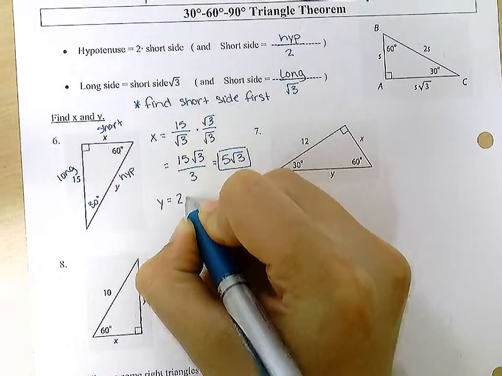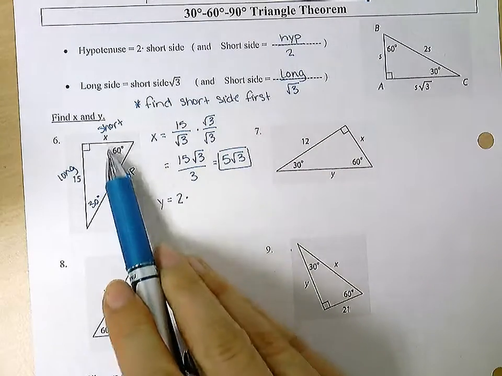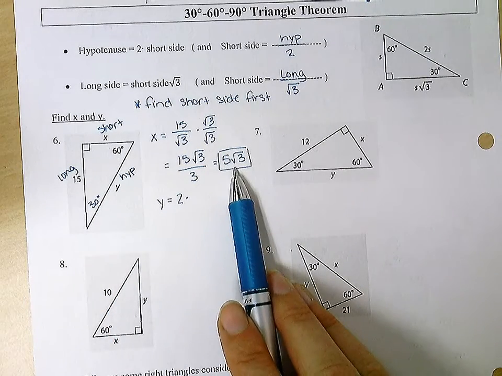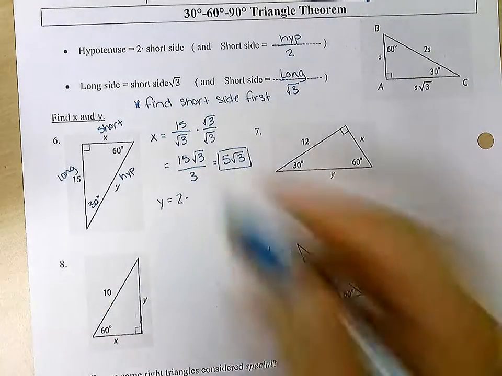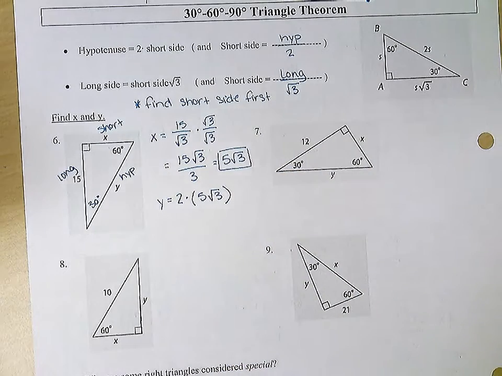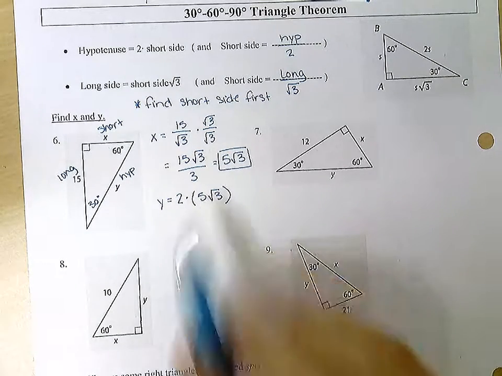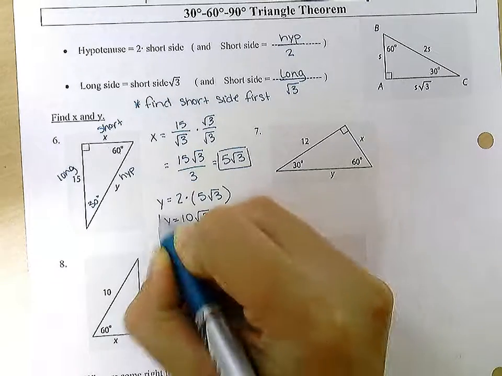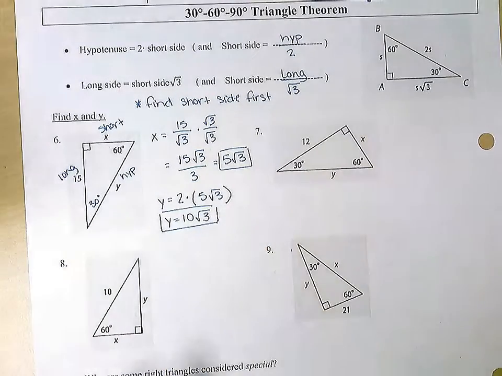Next we have 2 times our short side. Now our short side was x, but we just found what that x value is. So I can multiply by 5 times the square root of 3. Okay, so we have 2 times 5 is 10, and the square root of 3.